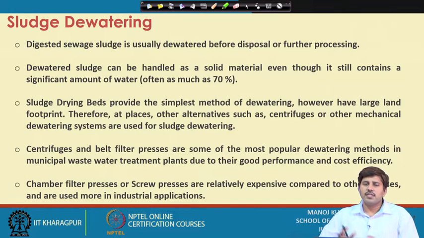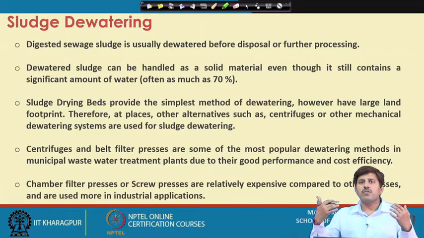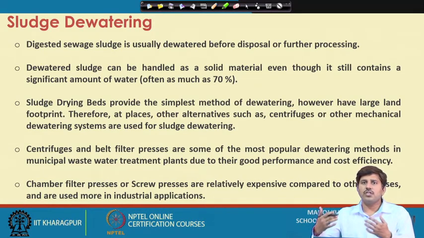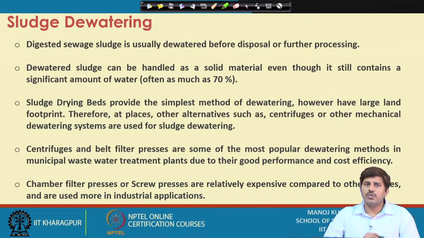Where the industrial effluent or sludge has a lot of fibers, screw presses are very good. For example, the pulp and paper industry or textile industry produces sludge with a lot of fibers. To dewater that sludge, one can go for screw presses, which will be very effective there, probably the most suited.